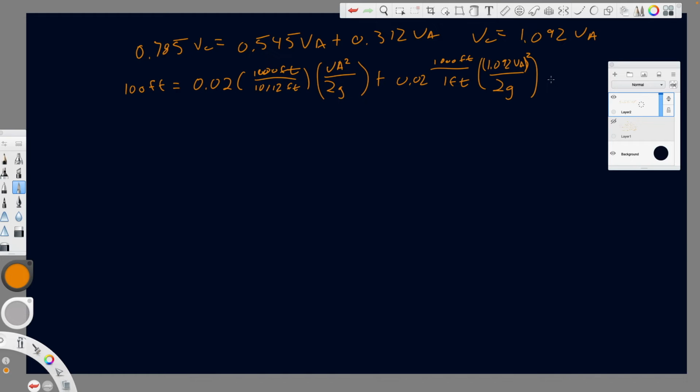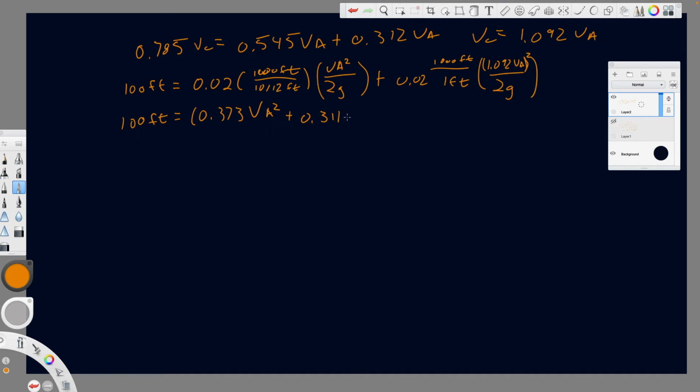Okay, so that is going to solve down to 100 foot is equal to 0.373 VA squared plus 0.311.